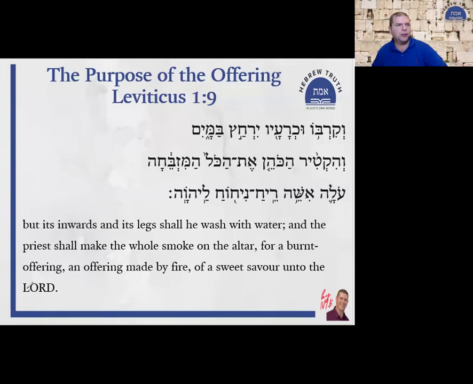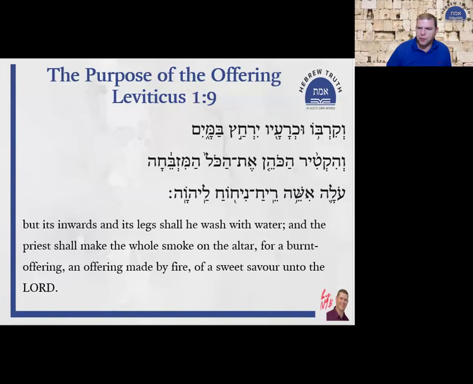Here, it's not a food for God. It's kind of a more ethereal thing. It's the smell that makes God soothe. Okay, so that pacifies God. Very kind of a process of refinement, if you will, of the relationship between man and God.